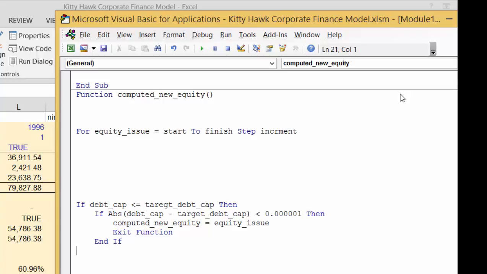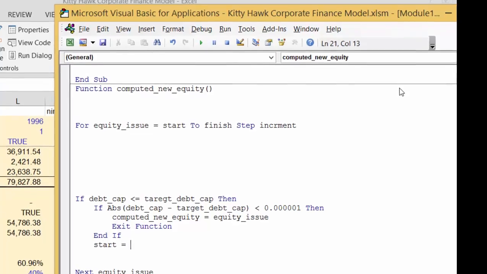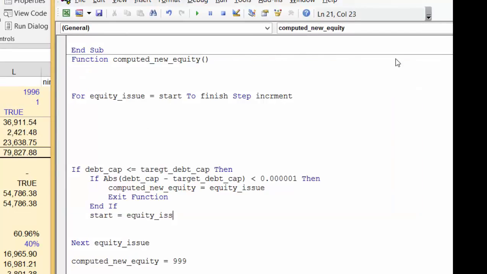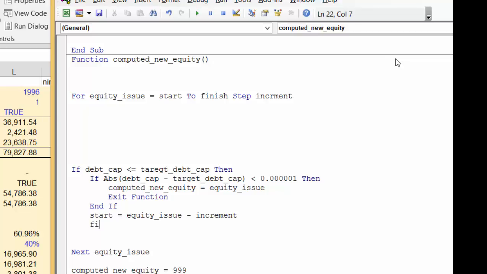Okay? Now, otherwise, we redefine the start and the end. The start is equal to the equity issue minus the increment, and finish is equal to equity issue.